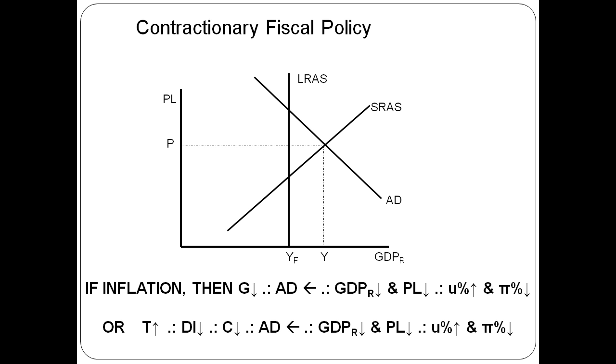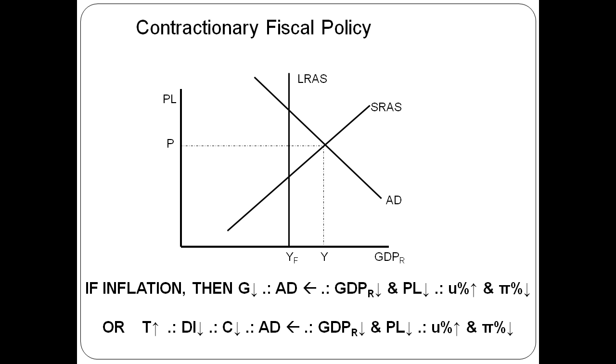Output is beyond full employment output, and aggregate demand and short-run aggregate supply are meeting beyond the long-run aggregate supply curve. Once again, we have price level on our y-axis and real GDP on our x-axis. Where they intersect, you have an equilibrium price level and an equilibrium output y.